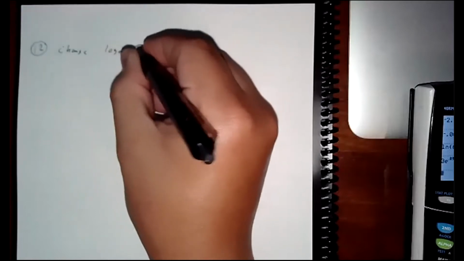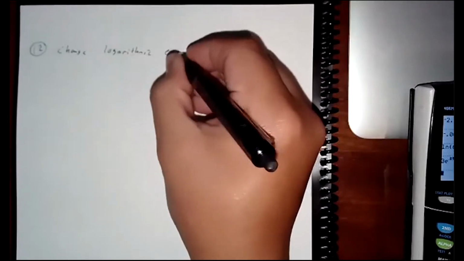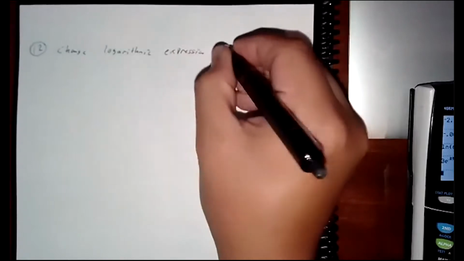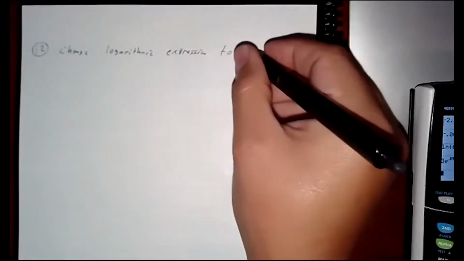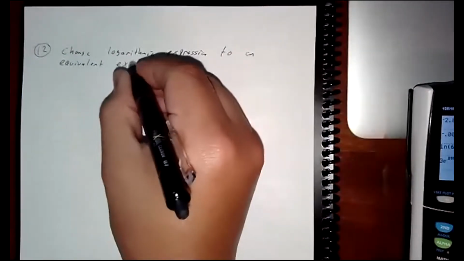The next bullet point will be 12. You'll have where you're going to give the definition in those examples. I said change a logarithmic expression to an equivalent exponential expression.